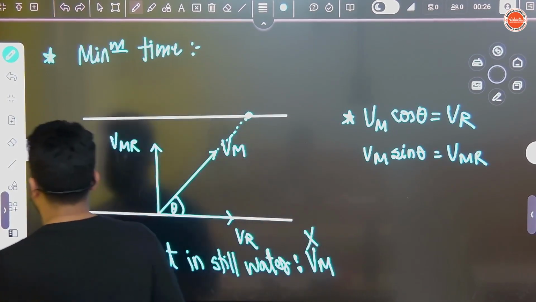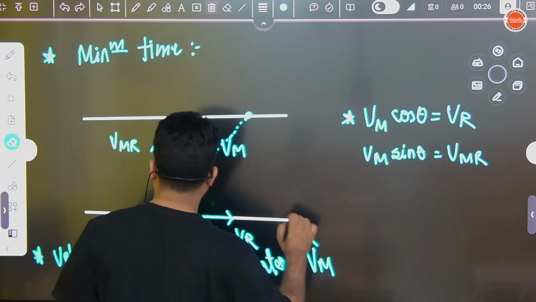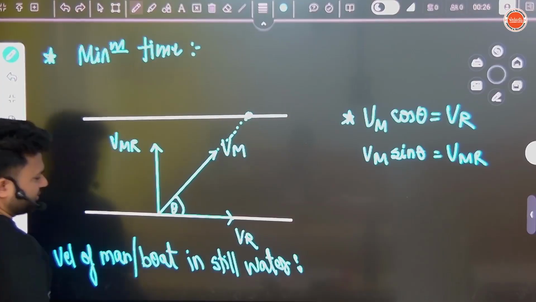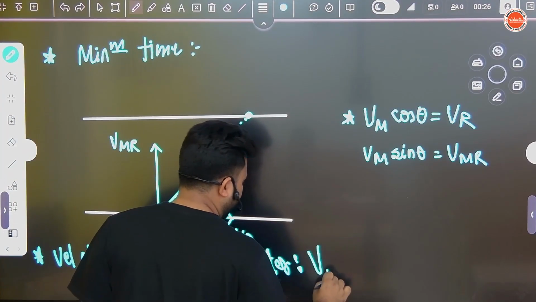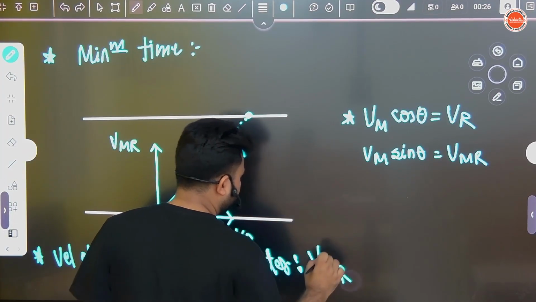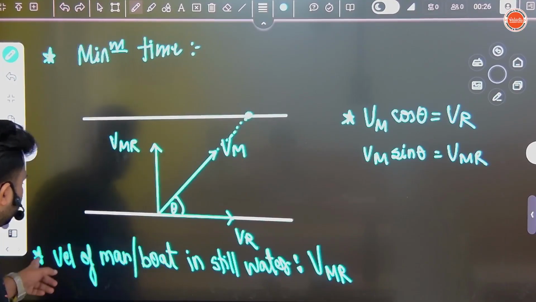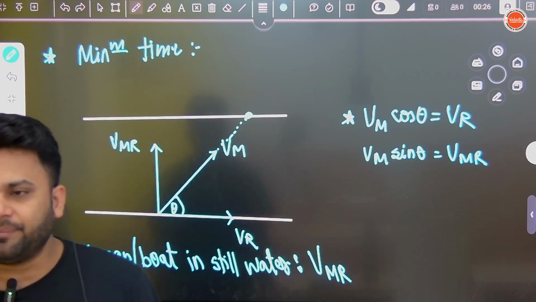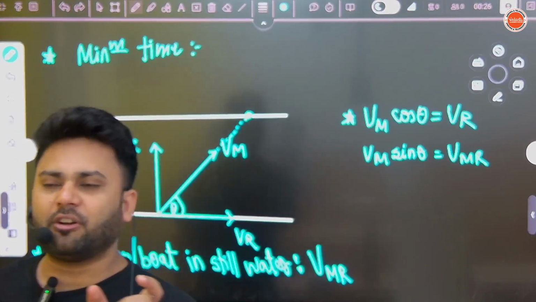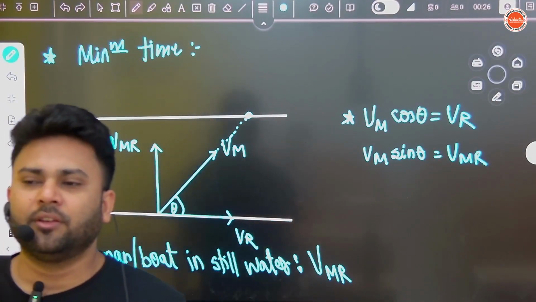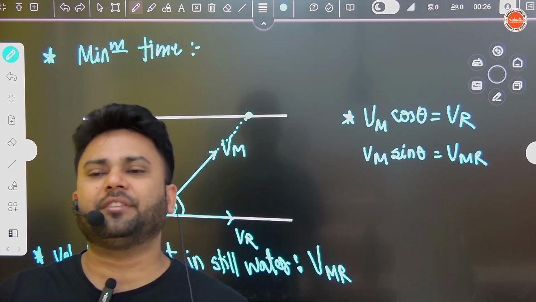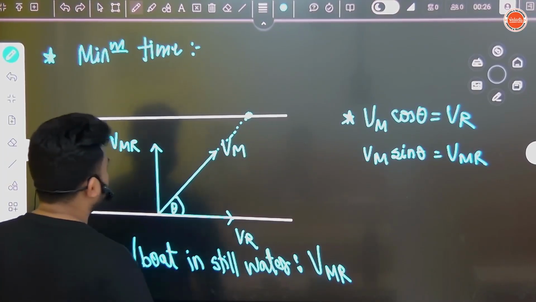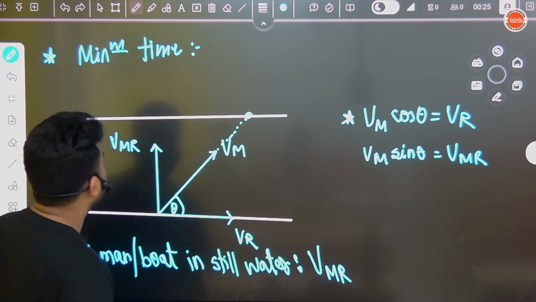This is basically the velocity of man with respect to river. This is just English. If they say the velocity of man in still water is 20 meters per second in the exam, that is basically the velocity of man with respect to river. Correct?